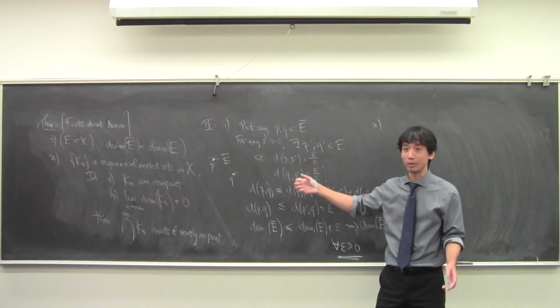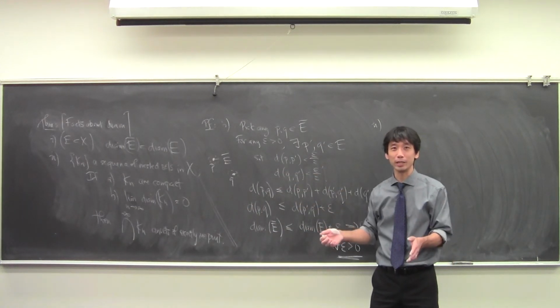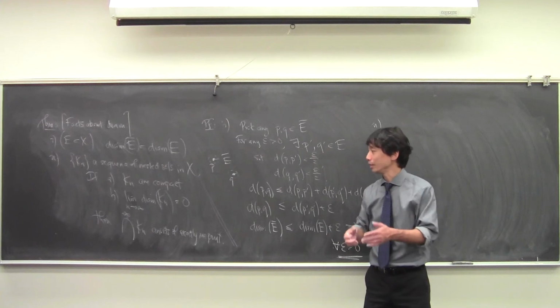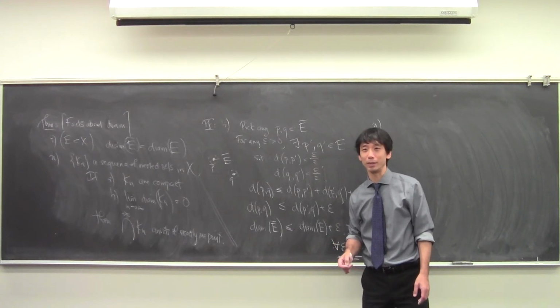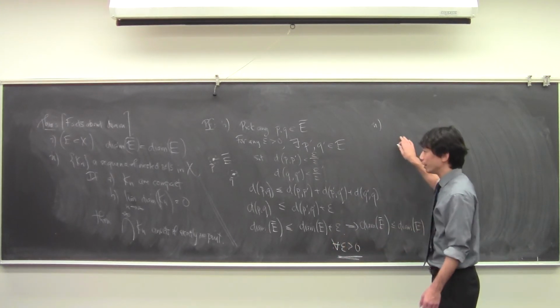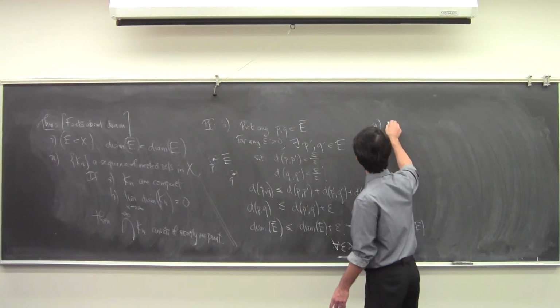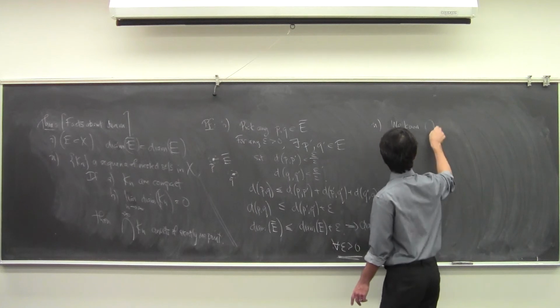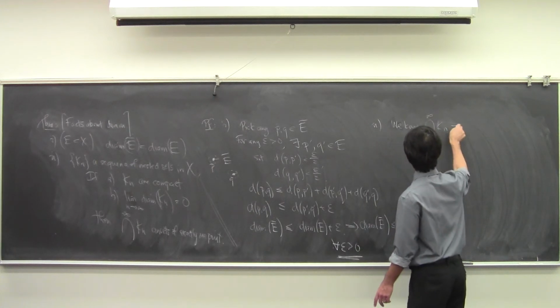You have a bunch of compact sets that satisfy the finite intersection property, remember? Any finite subcollection is non-empty, which implies that the infinite intersection is non-empty. Okay. So we know that the intersection is non-empty.